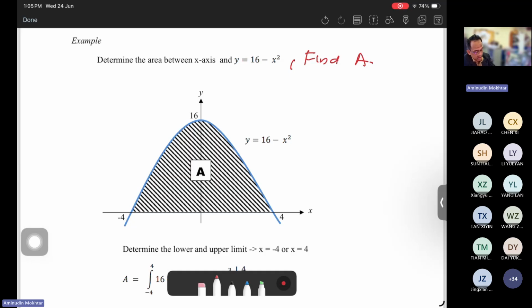Okay, so in this case, we only have one function, y equal to 16 minus x squared.